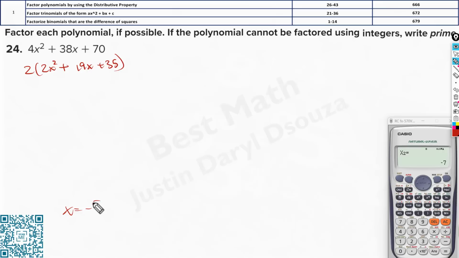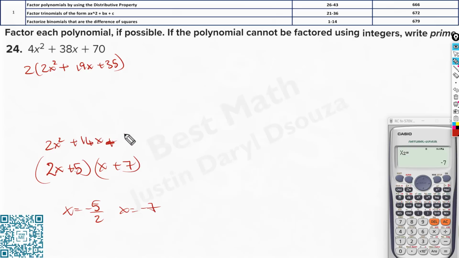X is negative 5 by 2, x is negative 7, and over here it'll be 2x plus 5, x plus 7, and then we multiply it inside: 2x squared plus 14x plus 5x plus 35. And then over here we write factors are 14 plus 14 and plus 5.